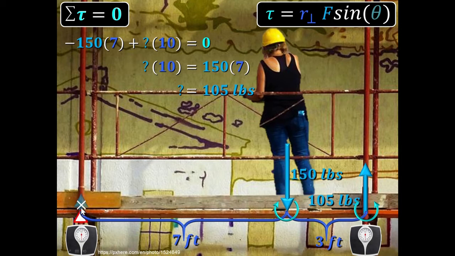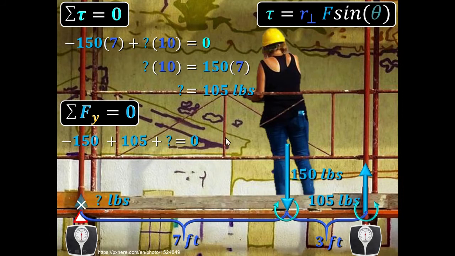Now I need to find out how much force was over here. It didn't provide torque because it was at 0 distance to the pivot, but it did provide force. So we can use the first condition of equilibrium to find that.